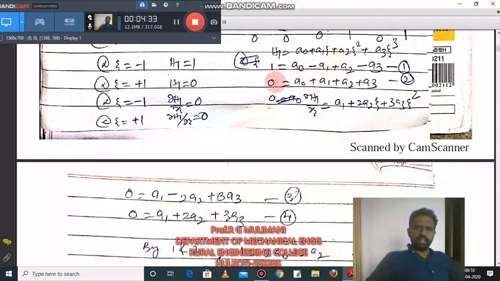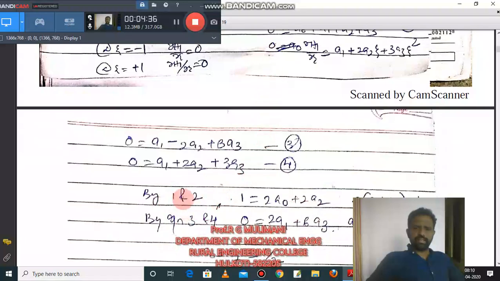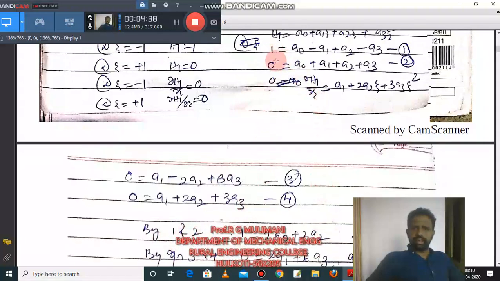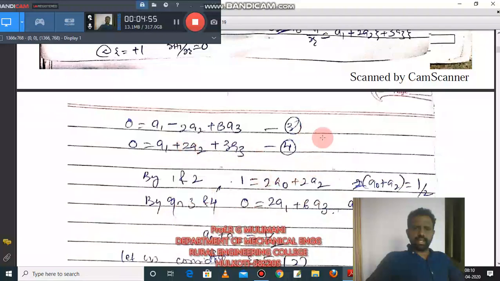By equations 1 and 2, 1 plus 0 is 1. a0 plus a0 is 2a0, minus a1 plus a1 is 0, a2 plus a2 is 2a2, minus a3 plus a3 is 0. Similarly, by equations 3 and 4, a1 plus a1 is 2a1, minus 2a2 plus 2a2 is 0, plus 3a3 plus 3a3 is 6a3.